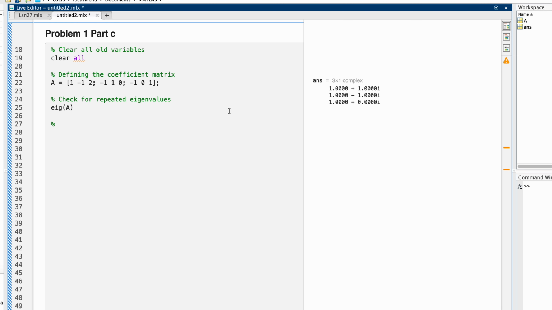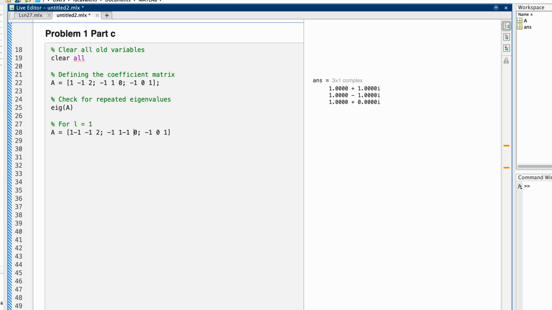So let's say we have the first lambda, for lambda equals 1. I'm going to have this matrix right here, but I'm going to subtract 1 from the diagonal.